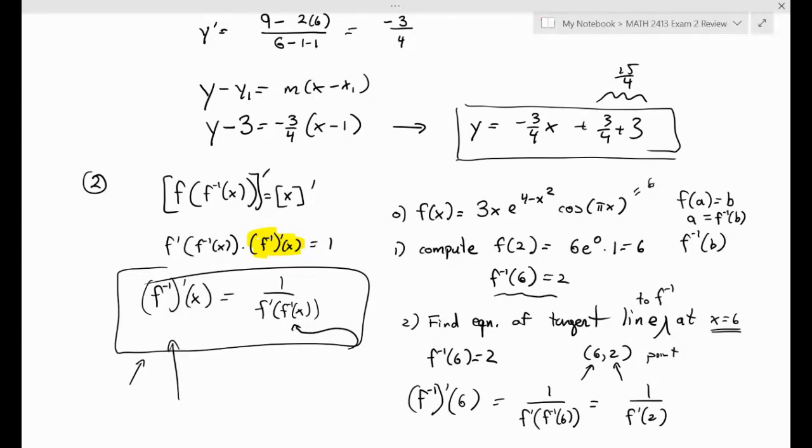So to find the point on the inverse, you have to use the inverse function. It's the tangent to the inverse of the function at x equals 6, so the x value here is 6, and the y value corresponds to what the inverse function would output. Okay.